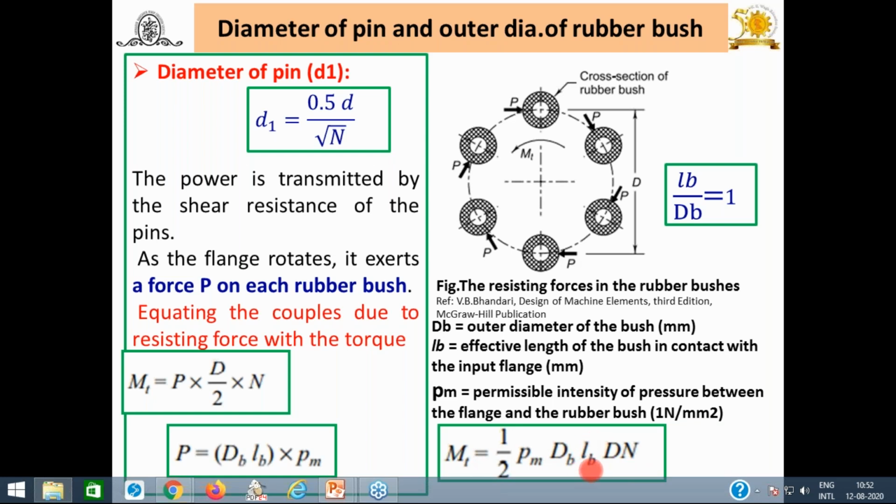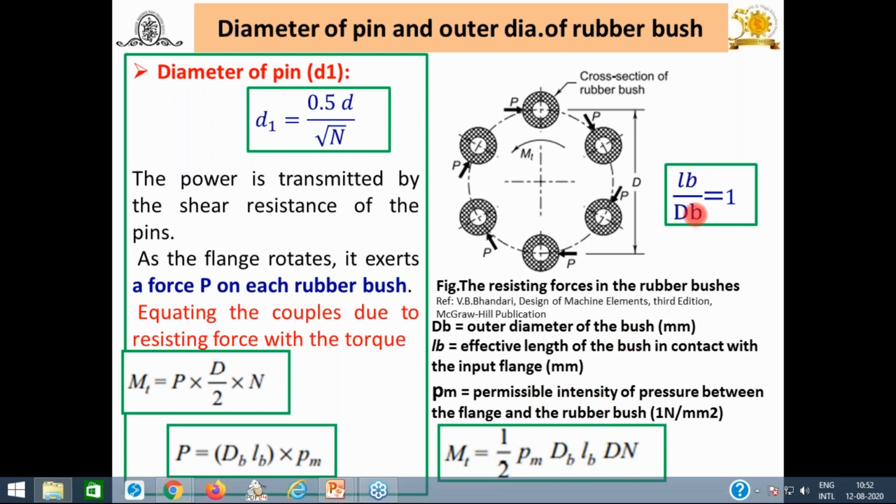Once you know dB or LB, how to find out the other? For that purpose, you can assume LB upon dB is equal to 1, or LB is equal to dB. If you assume LB is equal to dB, you will get dB square, and you will get dB. Then find LB. It's an assumption: LB is generally equal to dB. That means by using this expression, you will get LB or dB.